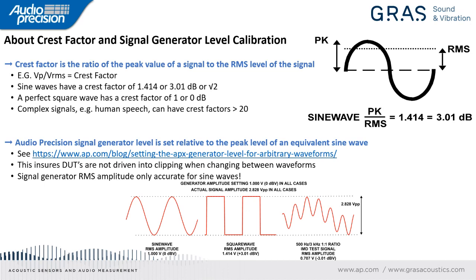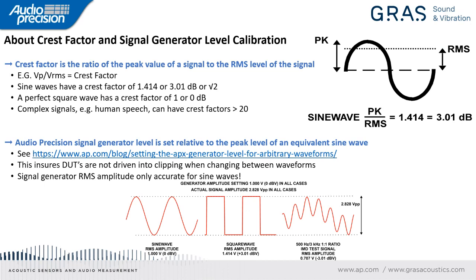And one thing that you will see over and over again come up is 3 dB. And it comes up because the crest factor of a sine wave is 3 dB or 1.414, or the square root of 2. And we may all be familiar with this from geometry class.